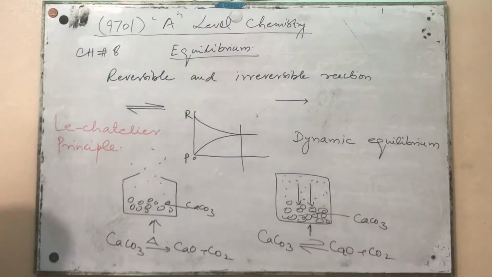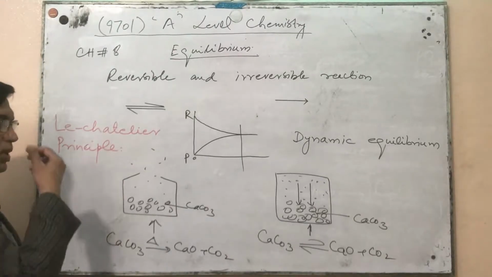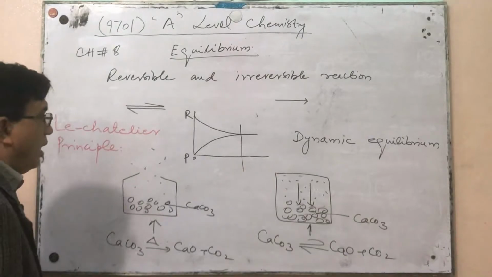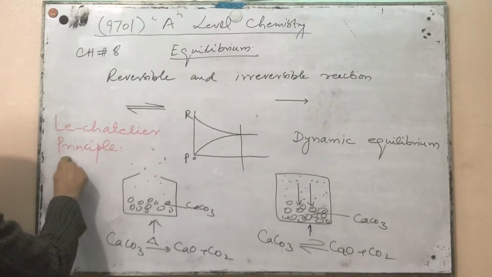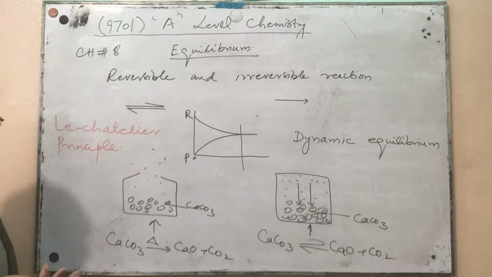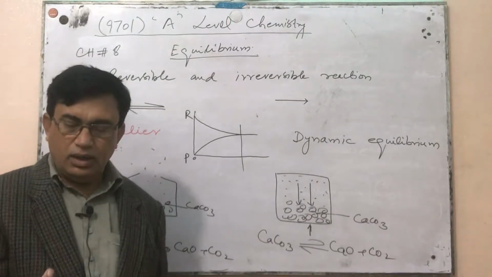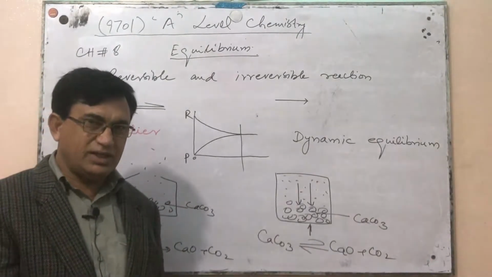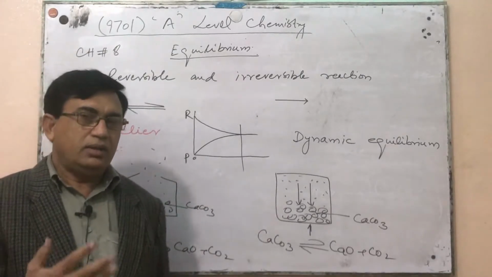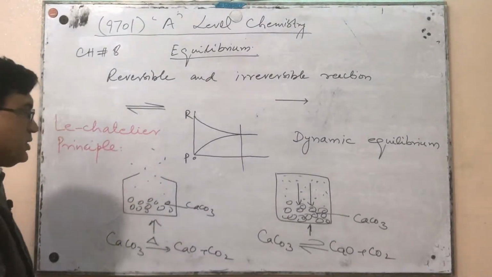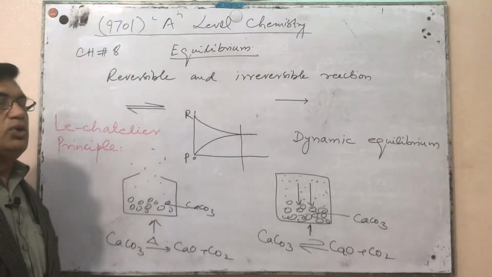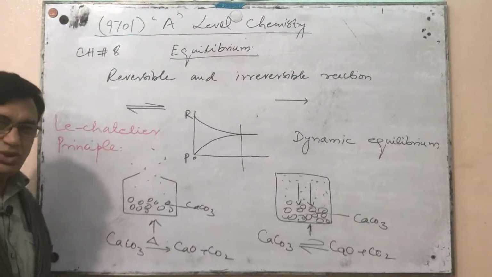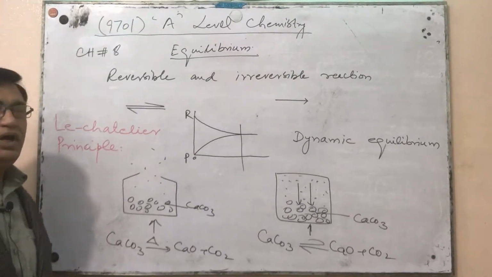Now, if we want to discuss the different factors which can affect the equilibrium or dynamic equilibrium, then a famous rule we have to use is called the Le-Chatelier principle. The Le-Chatelier principle states that if a process in equilibrium is disturbed by some change, then the process or reaction will behave in such a manner to restore the same equilibrium position and to undo the effect of that change.